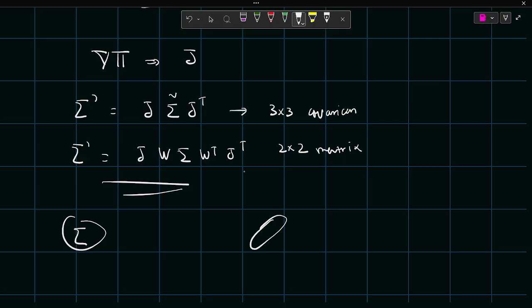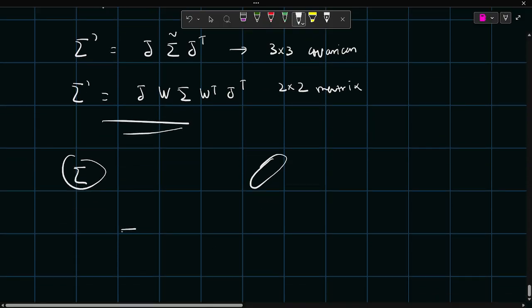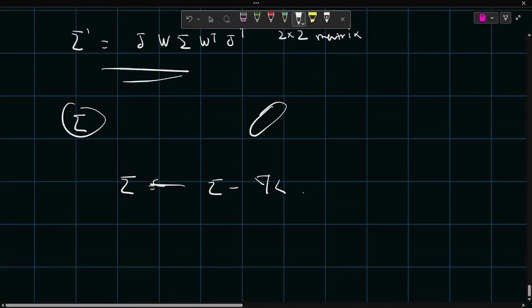So we need to optimize sigma. The key is that we can't directly optimize sigma because stochastic gradient descent can give negative values to sigma, which is not good.